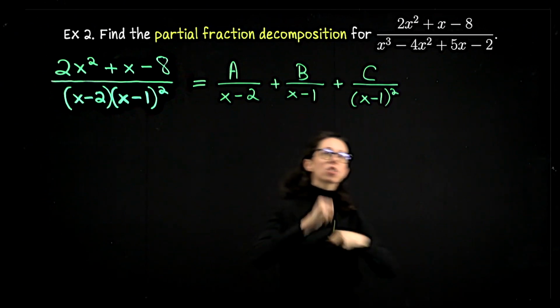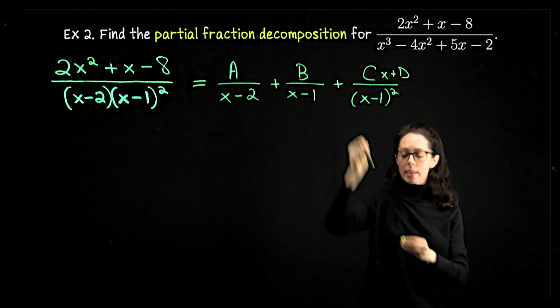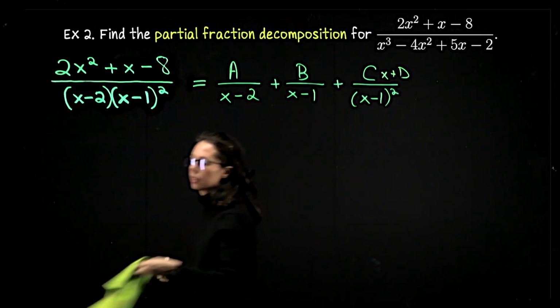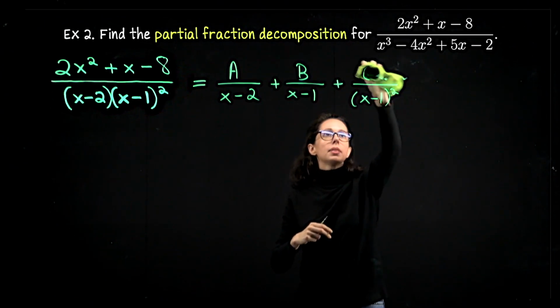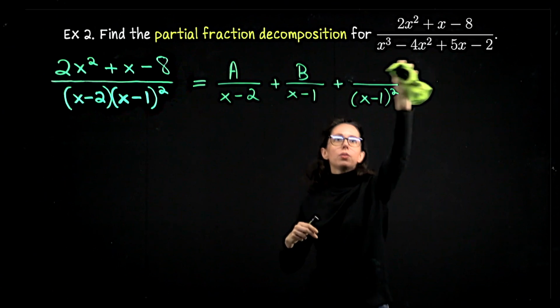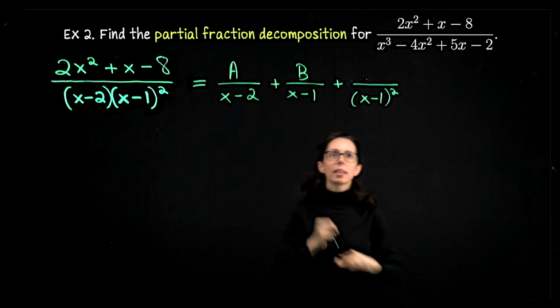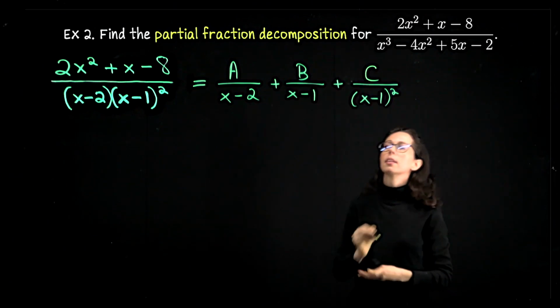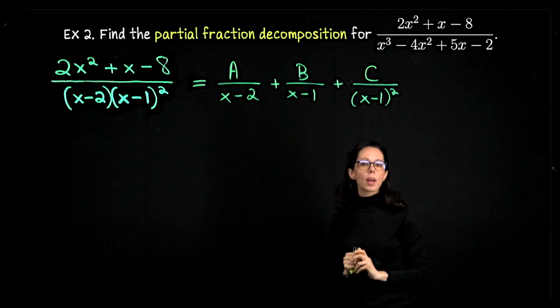If I put cx plus d here, this would be 0. That would always happen with repeated terms. So you can test it on this example if you like, but you'll end up seeing that that leading term would have to be 0. So what you do is you take your basic term here and duplicate its style, so just a constant in this case. Okay. Now that we've got our decomposition, the rest of it is the same.